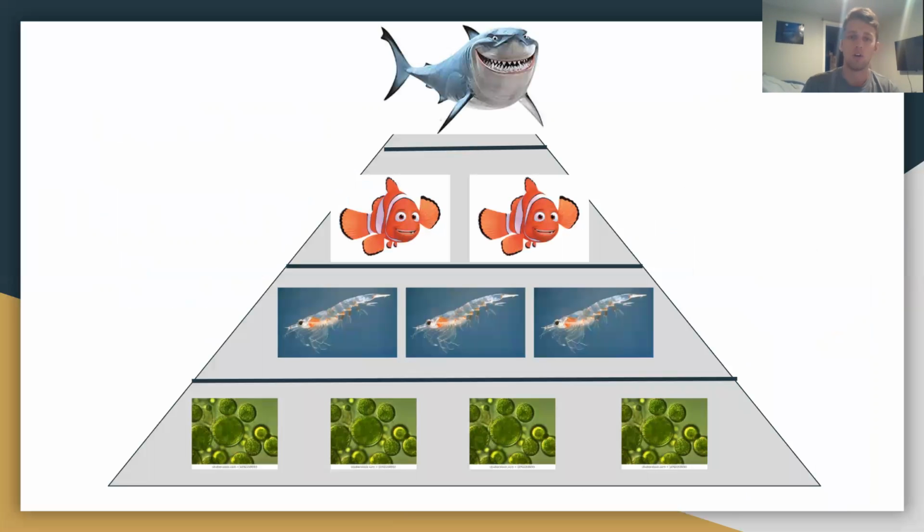Okay. So this can also be represented in a pyramid. This helps me imagine it a lot better in the aspect of numbers of organisms.